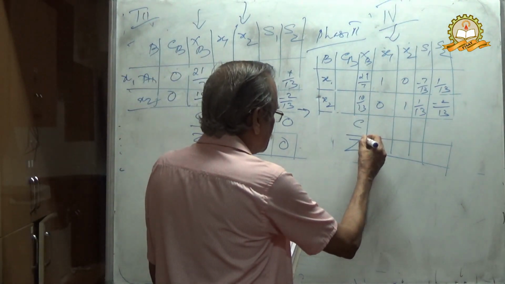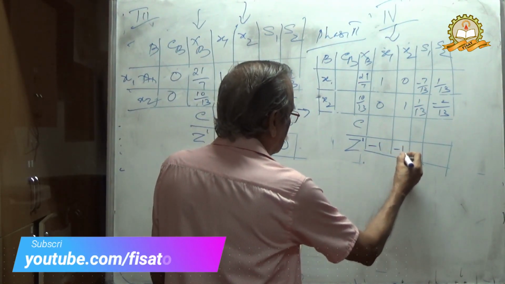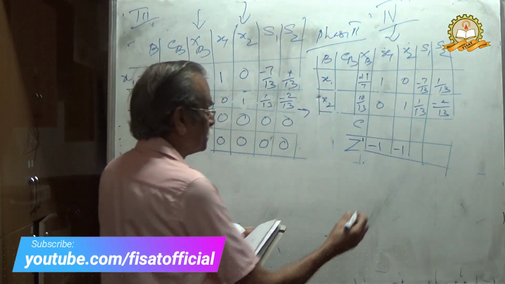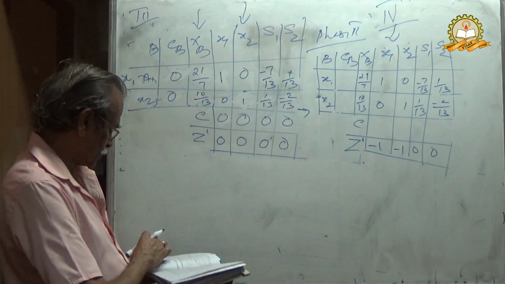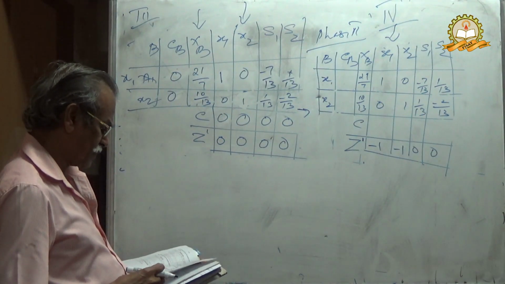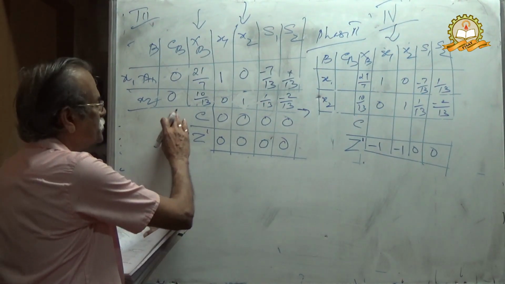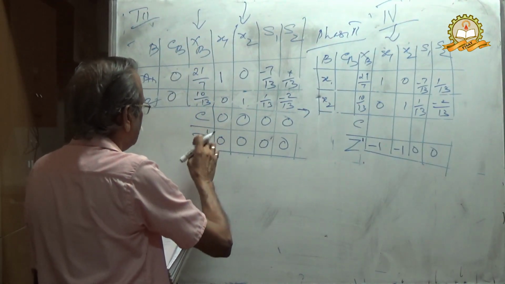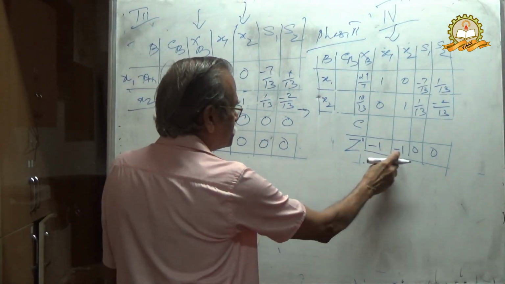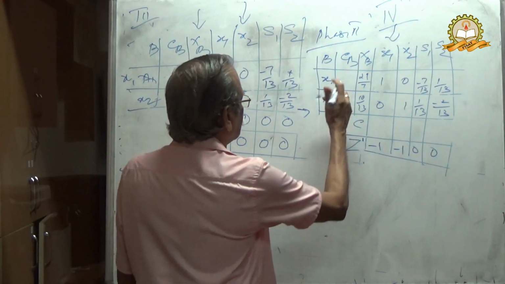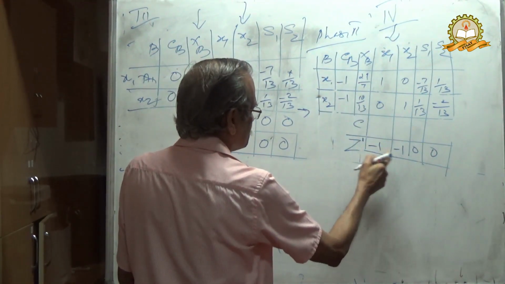Therefore, Z dash will be the given question, minus 1, minus 1, then 0 S1, 0 S2. Therefore, you come back to phase 2 from this repeated table except columns CB, Z and C. You write the coefficients of the original question here: minus 1, minus 1. X1 equal to minus 1, X2 equal to minus 2.